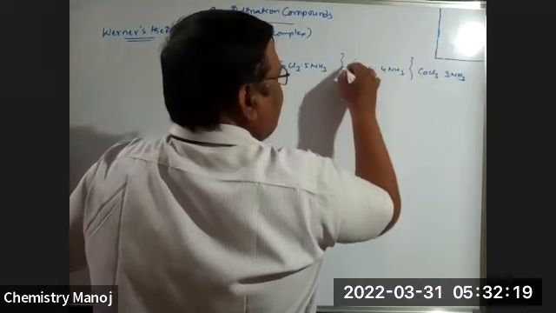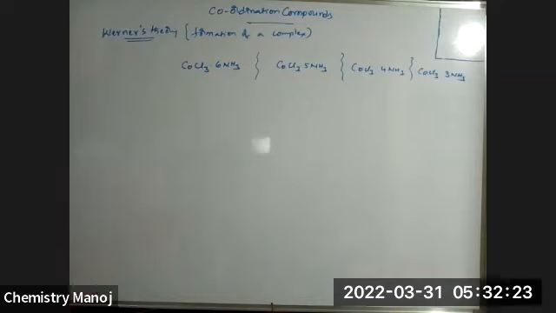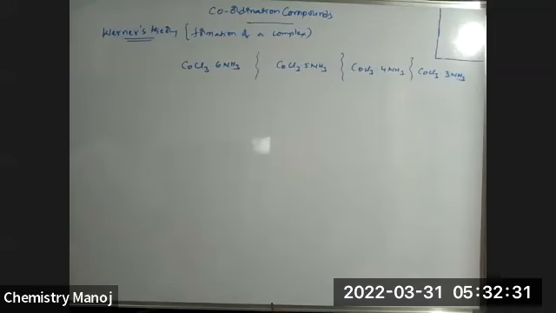These are the different salts from this complex set. CoCl3·6NH3, 5NH3, 4NH3, 3NH3. Clear?